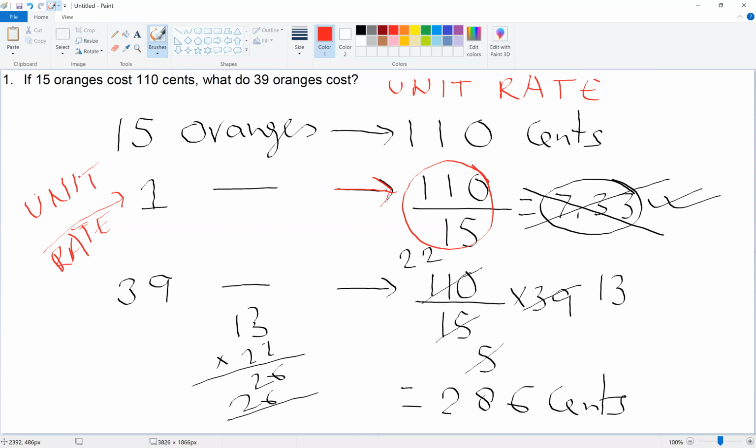Okay, go ahead. Who had a question? I don't understand how you got 13 and 22. When you divide 15 by 3, what do you get? You get 5. That's what I wrote. When you divide 39 by 3, what do you get?